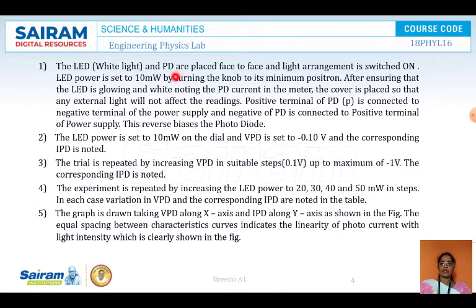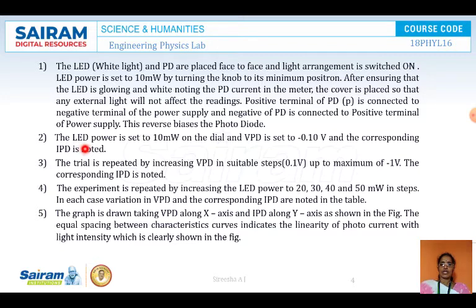The power supply is switched on by turning the knob over here. The LED power is set to 10 milliwatts, and VPD is set to 0.1 volts, and the corresponding IPD is noted. On the display board you can see the current and voltage on the digital setup.